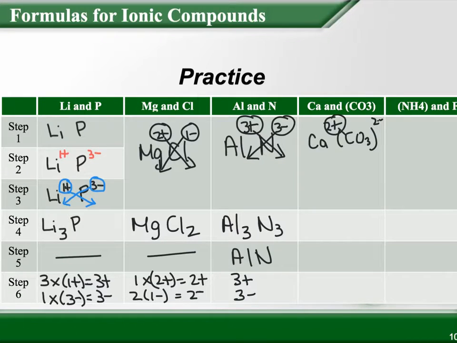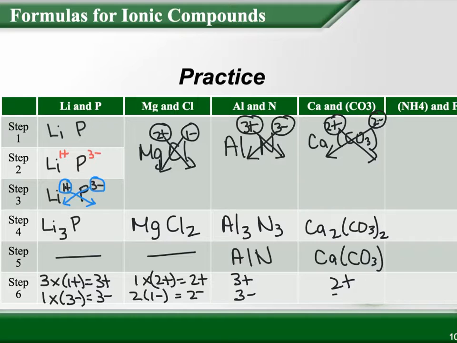We're going to crisscross those charges and then rewrite. So Ca received a 2, CO3 received a 2. These can be reduced. And so when they reduce, they'll reduce to a 1, and we don't write 1s. And then we got a 2 plus and a 2 minus, and we are balanced.